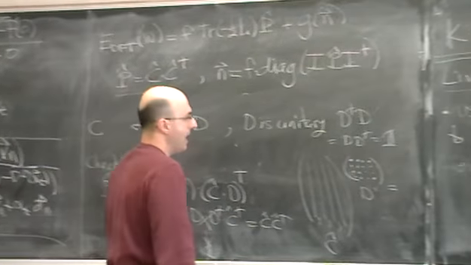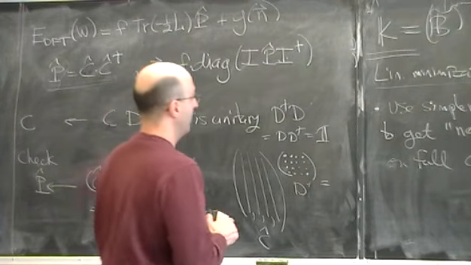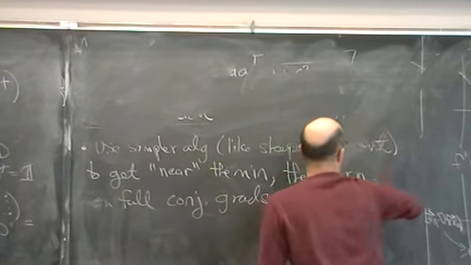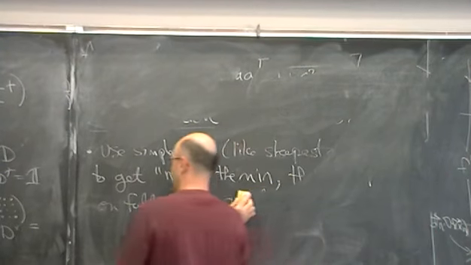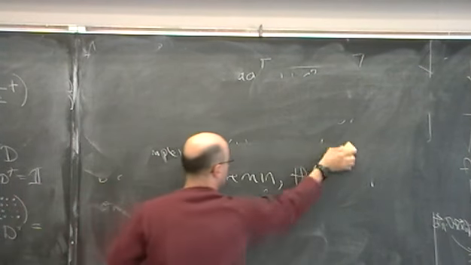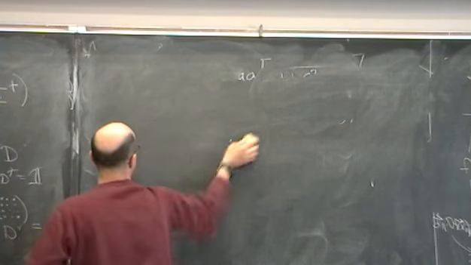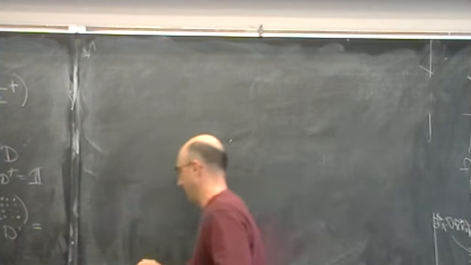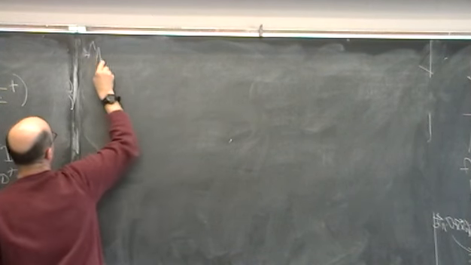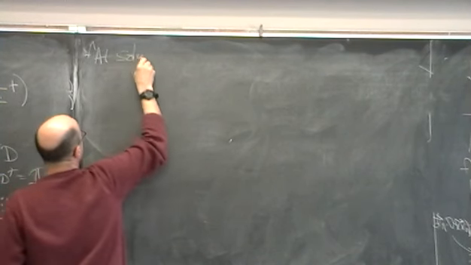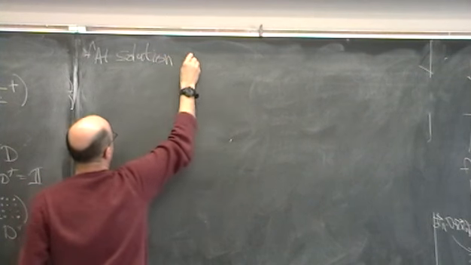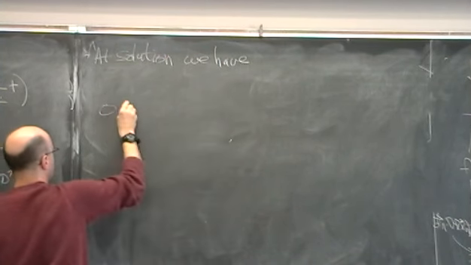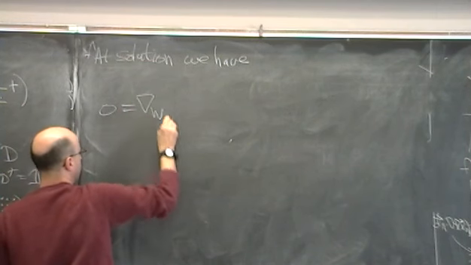So, let's see what we can do about it. Well, I think it helps to look at what we'll find at the solution and see how that relates to the eigenvalue equation. So at the solution, we have, of course, 0 will be the gradient of the energy with respect to my wave functions.